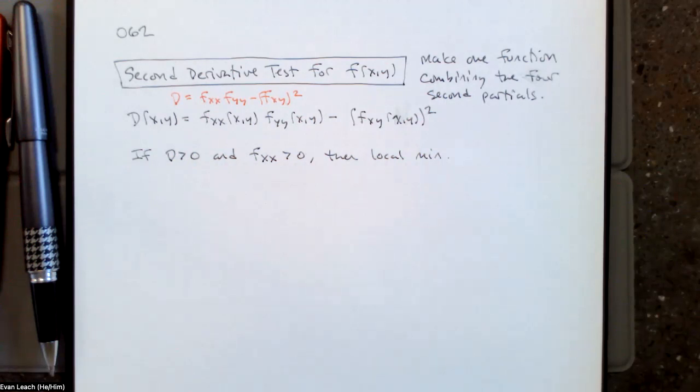If this function D is positive and fxx is positive, then we see a local minimum. This matches what we thought before. Second derivative positive, local minimum.